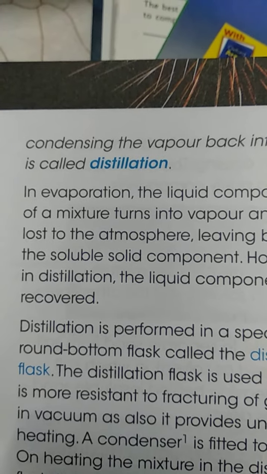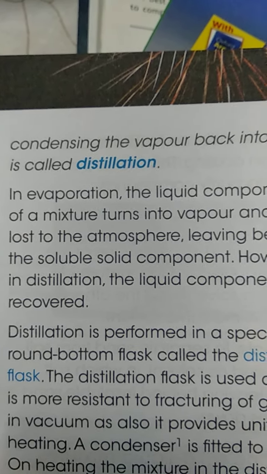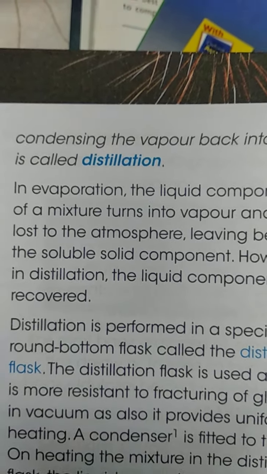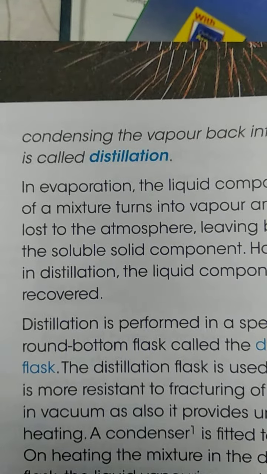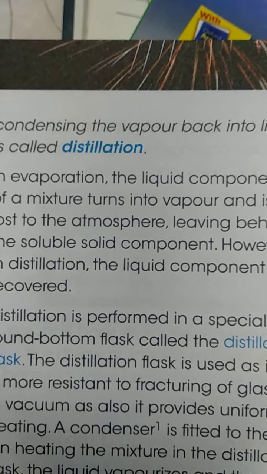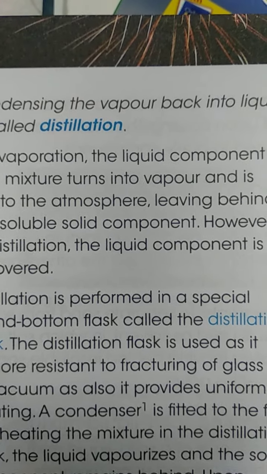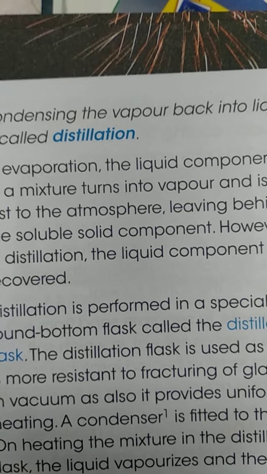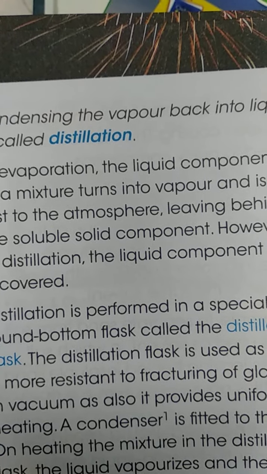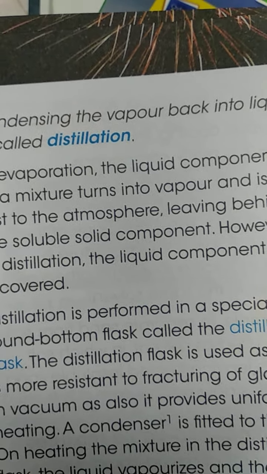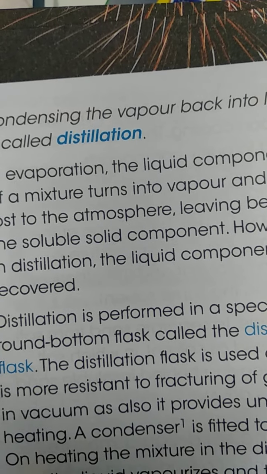In this process, a special round bottom flask is used, which is known as a distillation flask. By this process, many valuable things like ether, scent, or perfume are often purified.